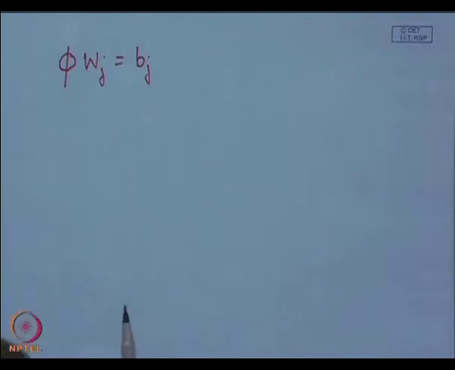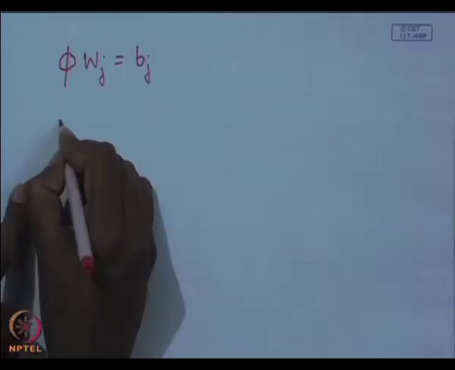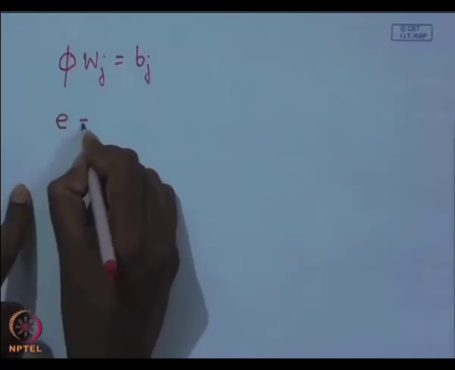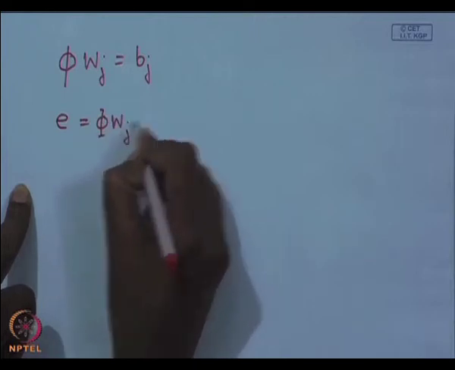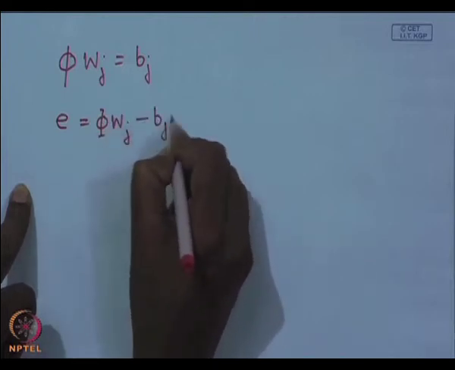But what we are trying to do is we are trying to train the network, that means we are trying to set the weights w j. So, we cannot expect that this equation will be satisfied initially. If this equality is not satisfied, then what I can do is I can define an error E, which is nothing but phi w j minus b j.